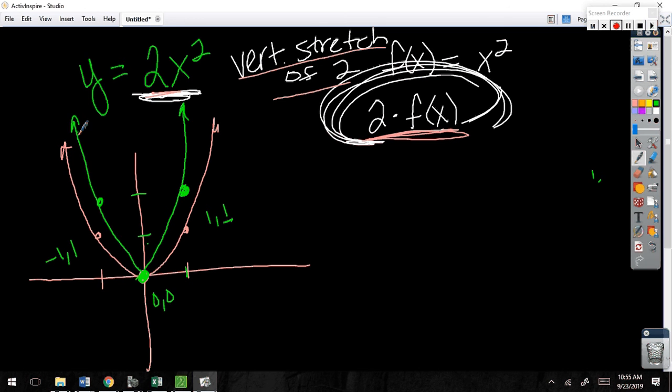Is that a vertical stretch? Yes. And what are you multiplying 2 by, the y? The y, because I can write it as 2 times f of x, which says multiply f of x. Remember, f of x and y are the same thing, okay?